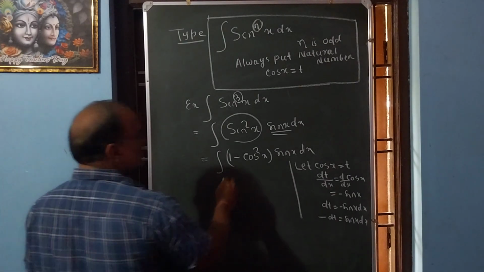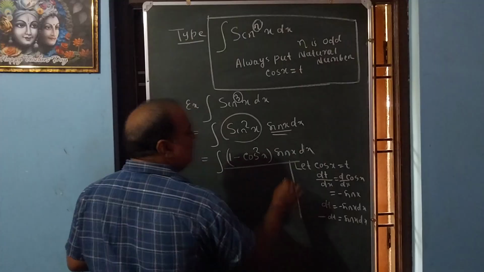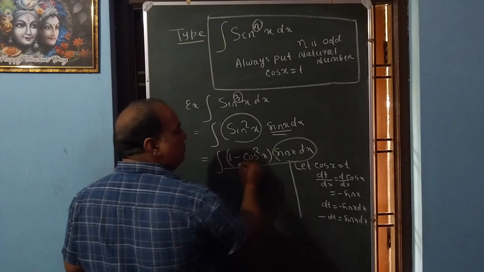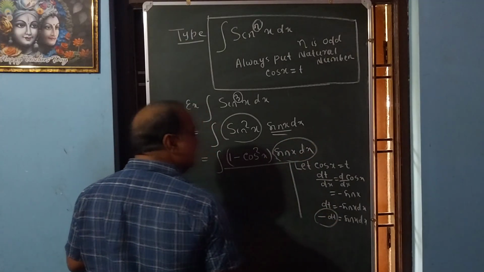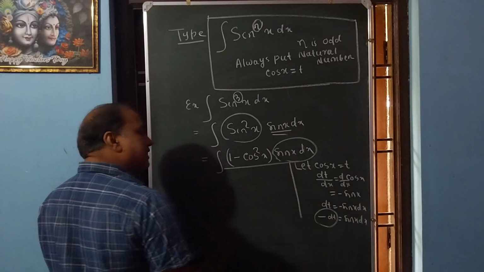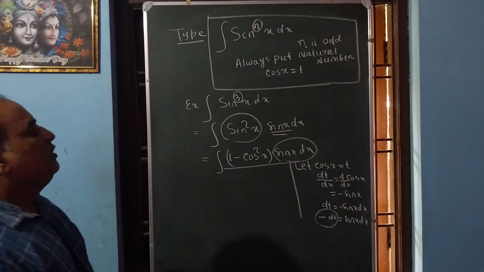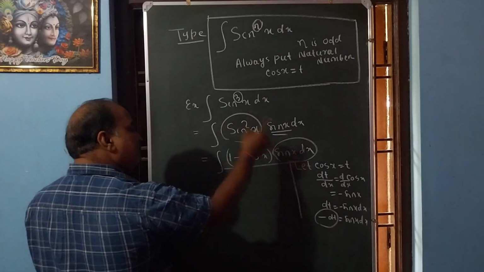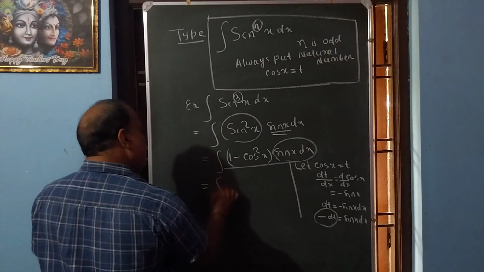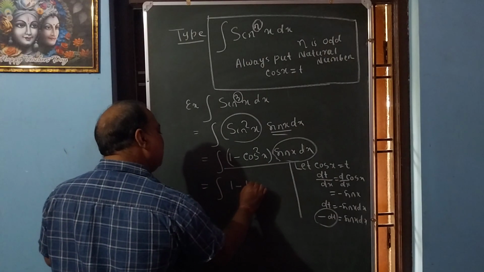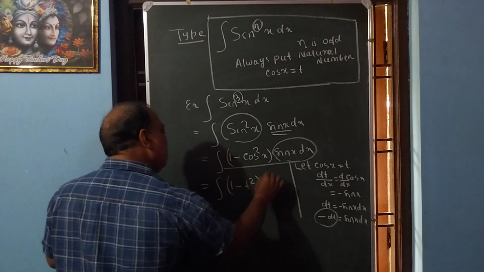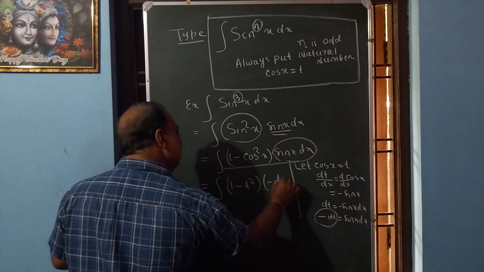Now this will be changed. In place of sin x dx, we have to put minus dt. In place of cos x, we have to put t. So this becomes integration of 1 minus t^2 into minus dt.